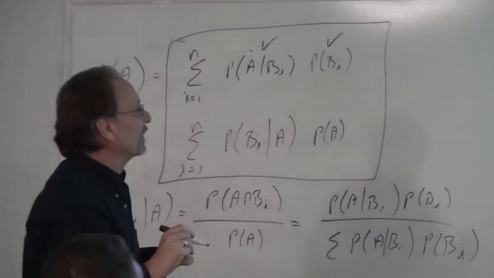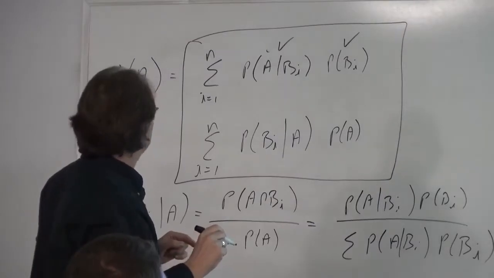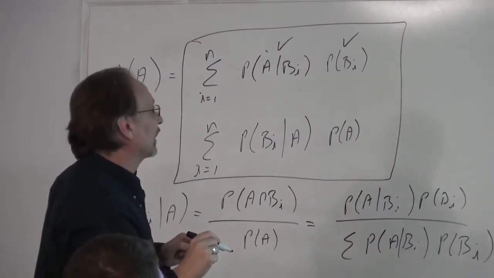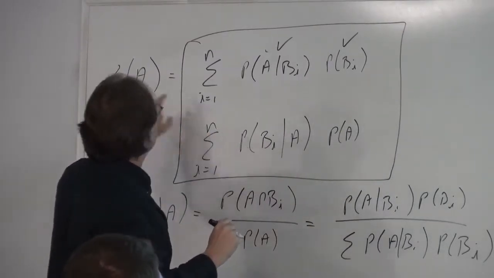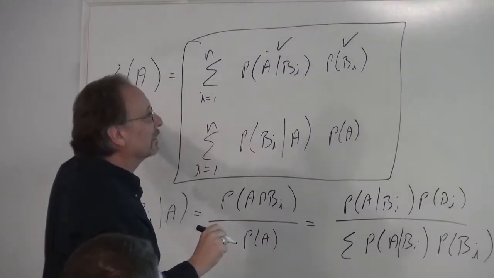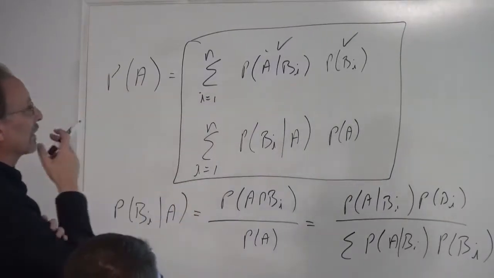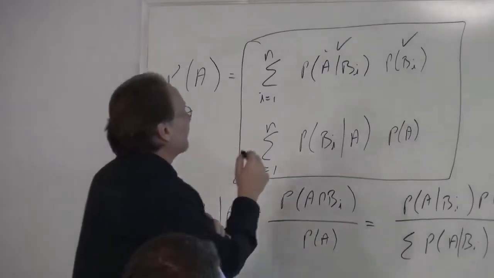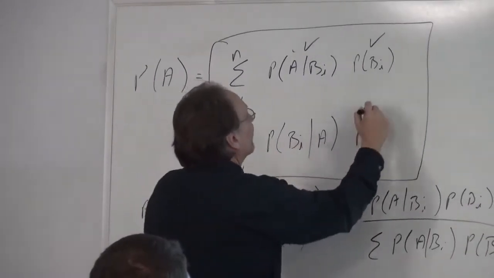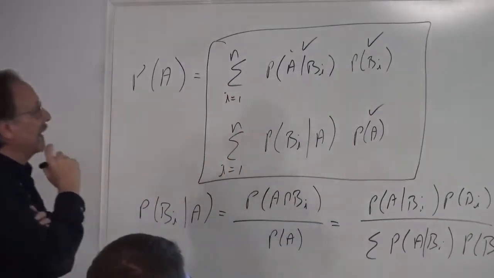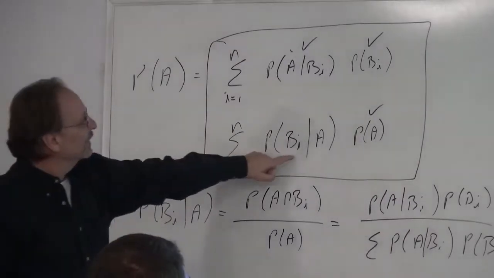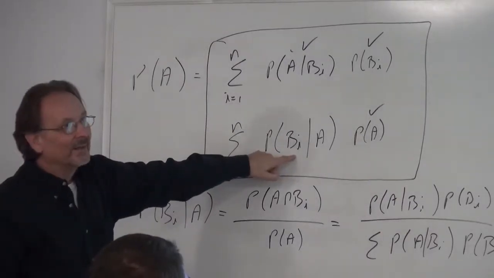I know what the overall probability of a defect is, which is right here. And so I have everything except this component right here, right?